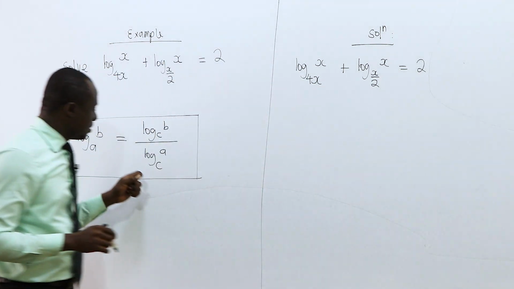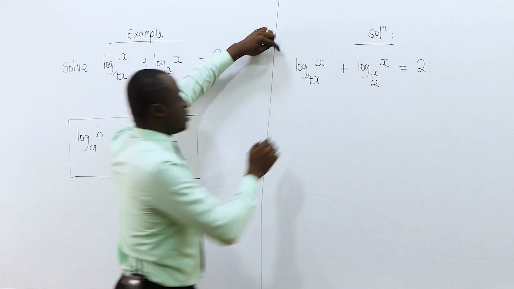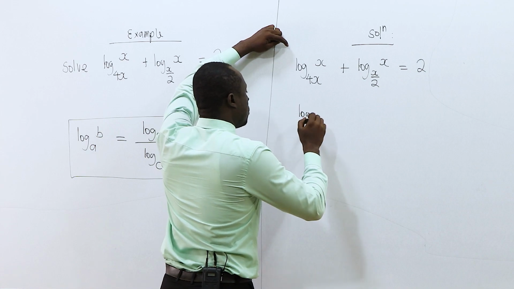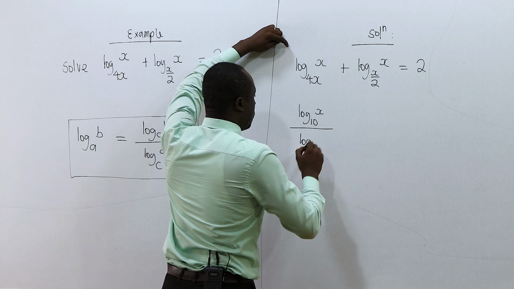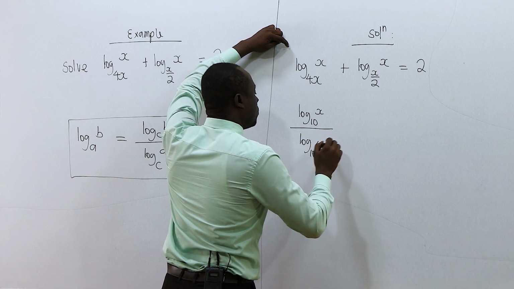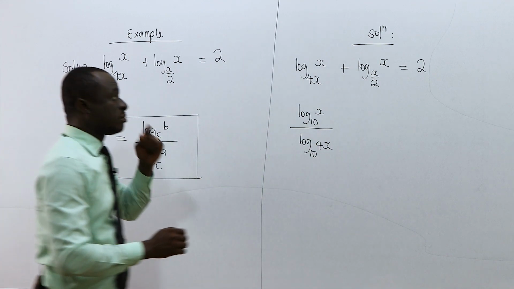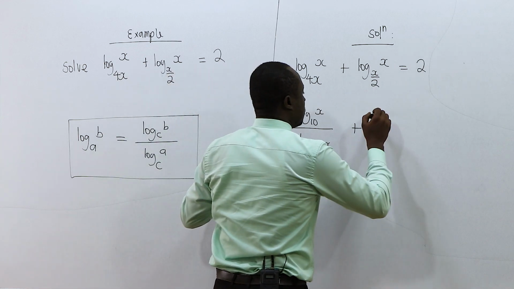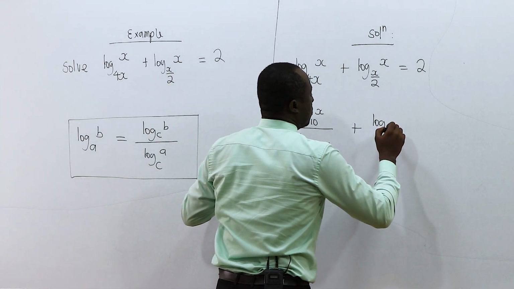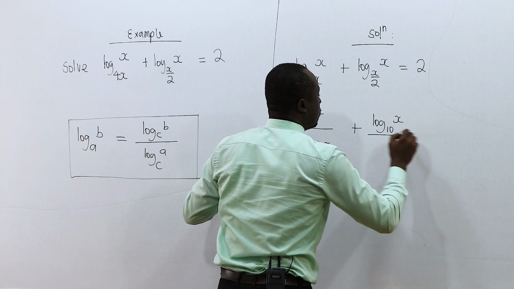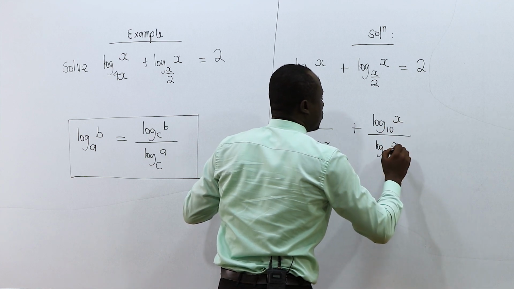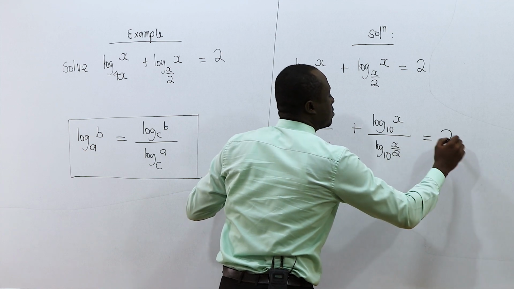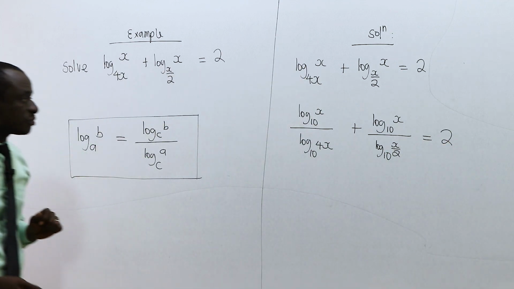Applying this, this will just be log 10 of x over log 10 of 4x plus log 10 of x over log 10 of x over 2. And this is equal to 2.